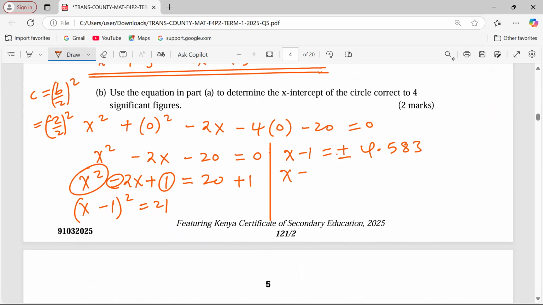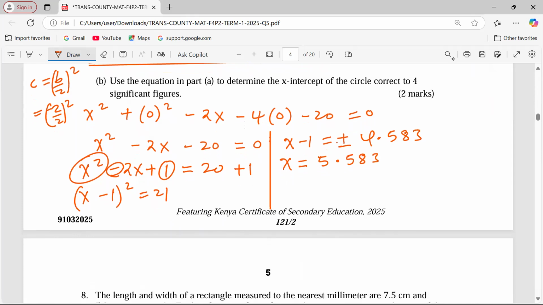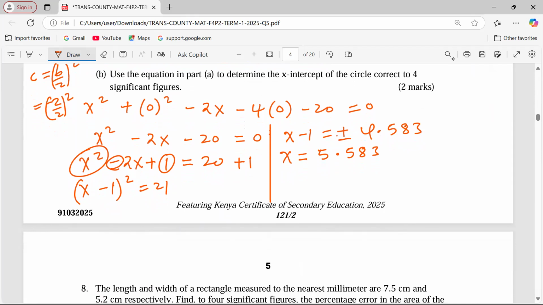So the x value equals, when I take 1 to the other side, it will be added. So 4.583 plus 1, I will get 5.583.